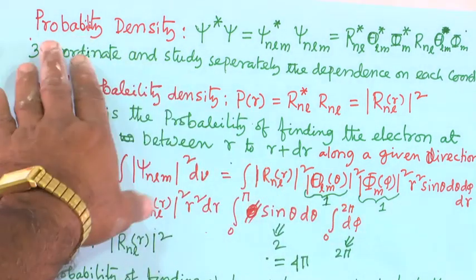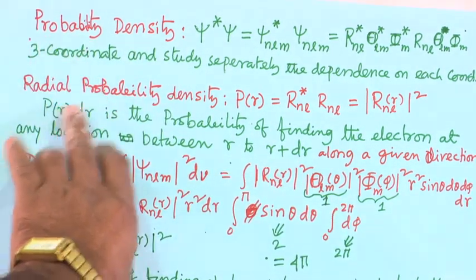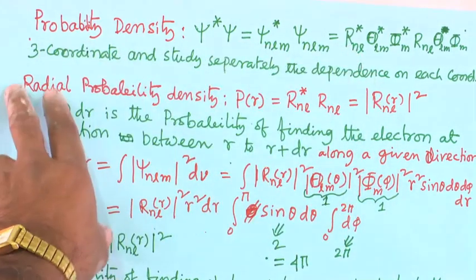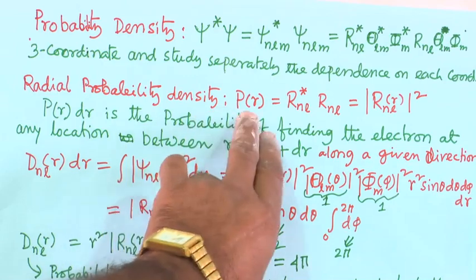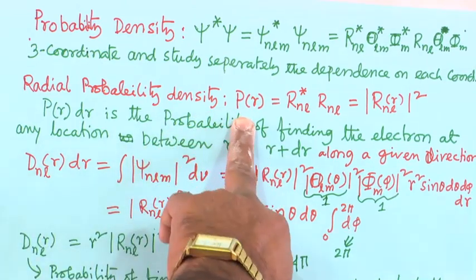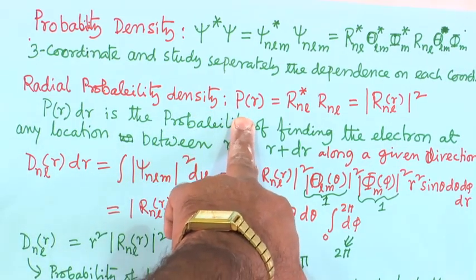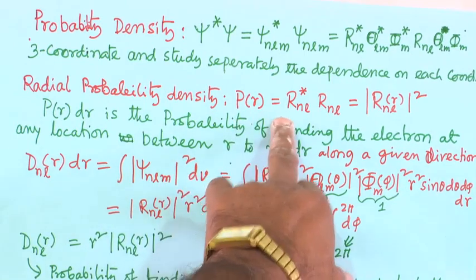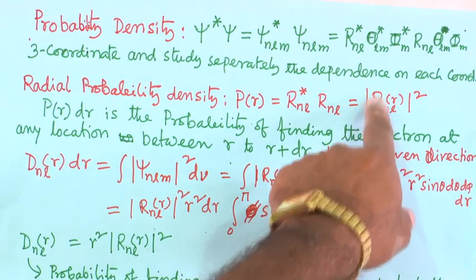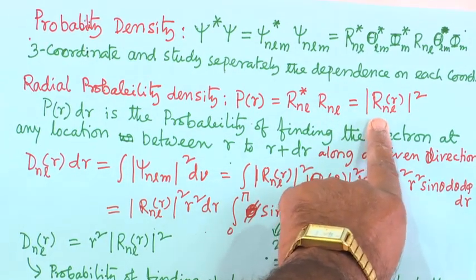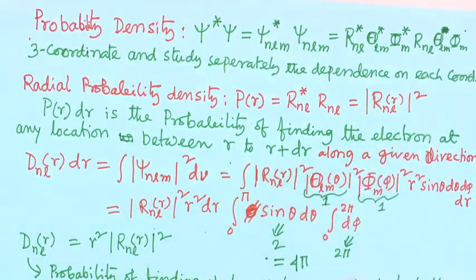Okay. So, one is the radial part, so we are telling that the radial probability density, that is P r, we have written here P r. Okay. Radial probability density P r equal to R n l star R n l, one can also write this as the modulus of R n l squared. Okay.